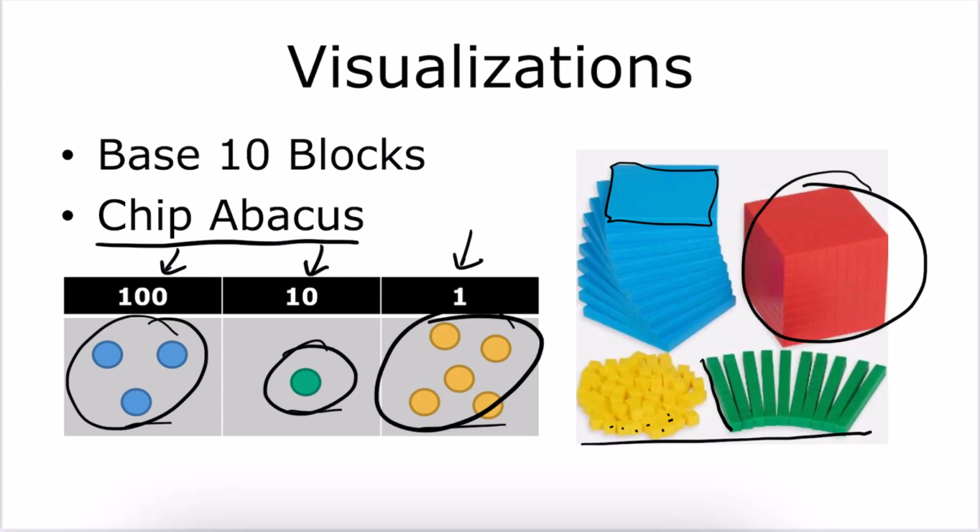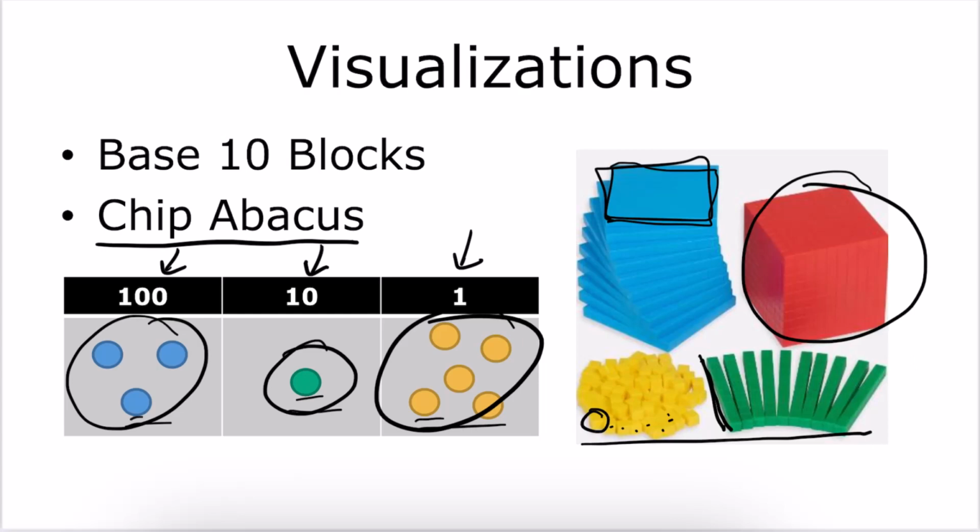They're related, but I would recommend starting with the base 10 blocks when you're teaching your students because they physically show the different sizes of the different amounts. The ones are just little blocks, but the tens are big blocks and the hundreds even bigger and so on. Versus with the chip abacus, your little chips are all going to be the same size.